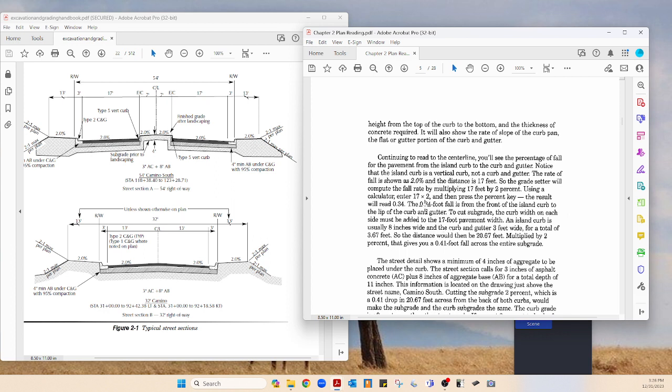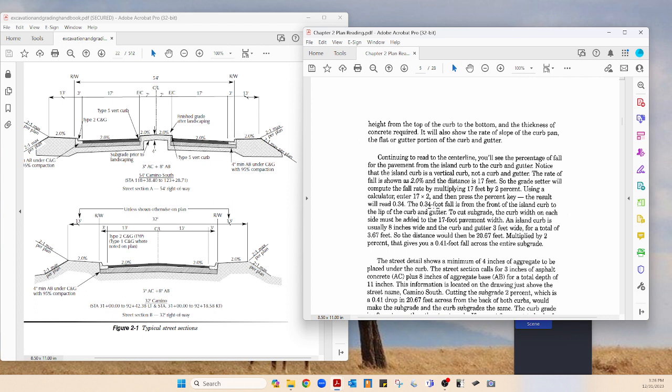Hit the percent sign, and you'll get 0.34 foot fall, from the front of the island curb to the lip of the curb and gutter. That's 17 feet, and the difference will be 0.34.